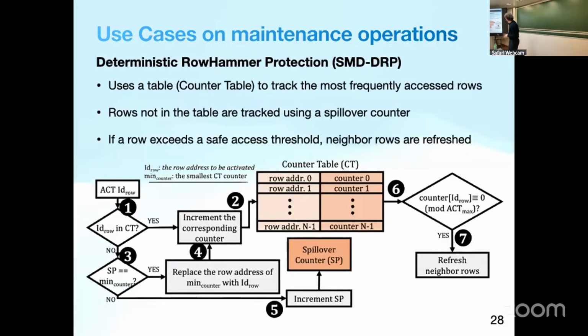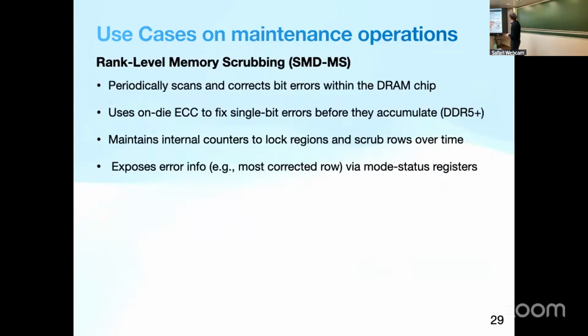Now this also looks very complicated. However, it's essentially just that we have a counter table, and every time a row is activated, the counter is incremented, and after some threshold, the neighboring rows will be refreshed to hopefully mitigate RowHammer.